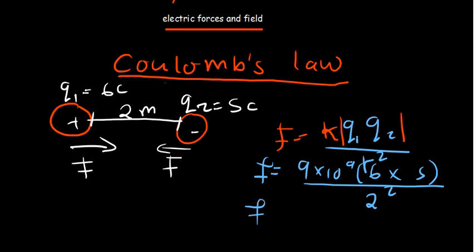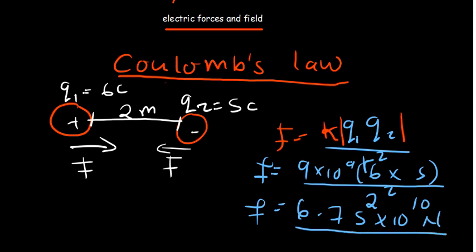On my calculator, 6 times 5 times 9 exponent 9 divided by 2 squared, I am getting 6.75 times 10 to the power 10 newtons. So this is the force we are going to experience in that example.